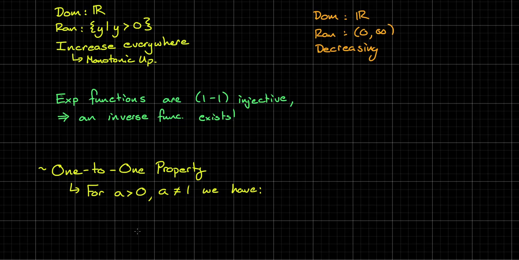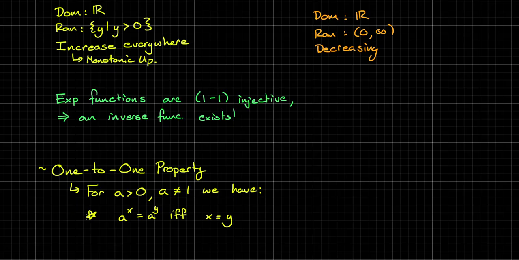Now, I'm going to intentionally skip a line because it's such an important idea. Here it is: a to the power of x equals a to the power of y if and only if x equals y. This idea is the big one.